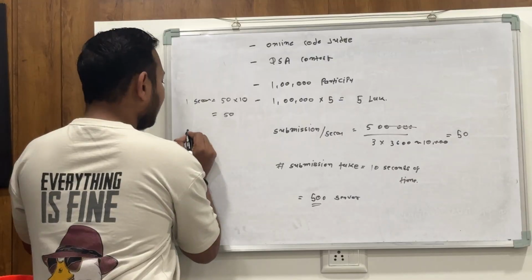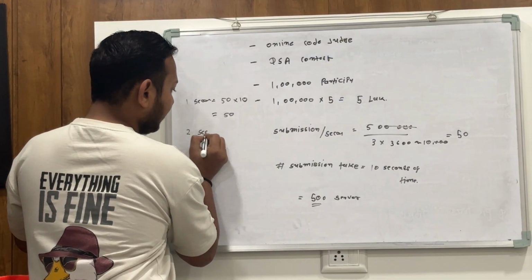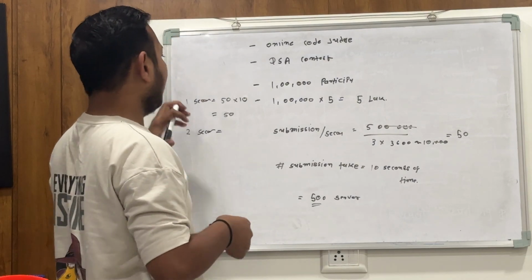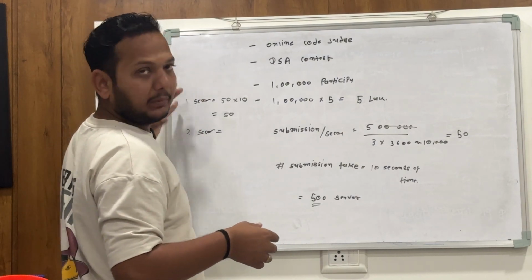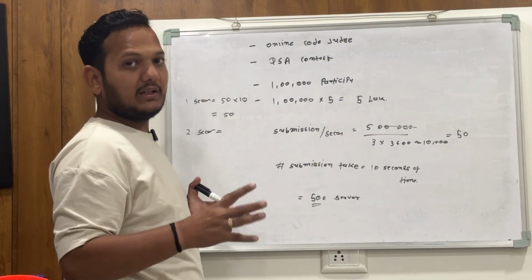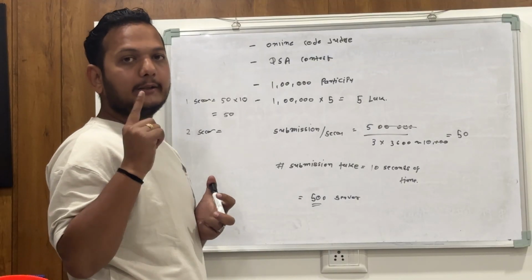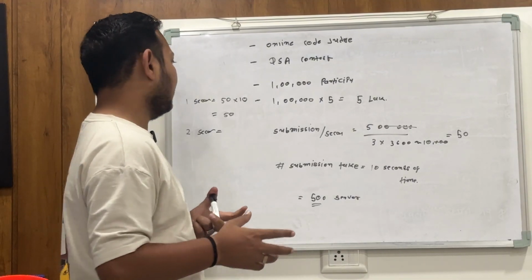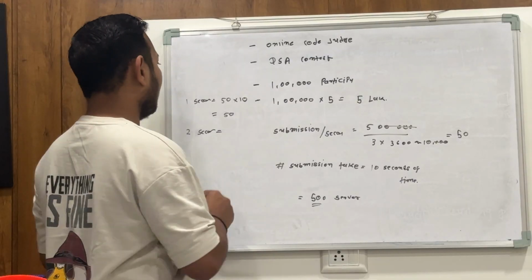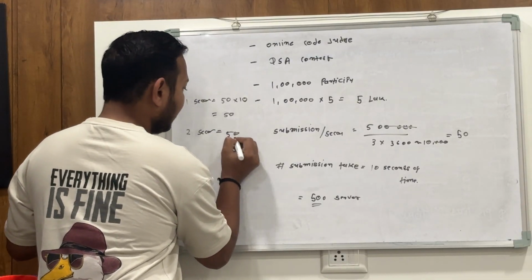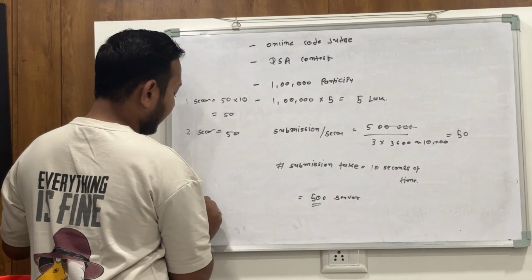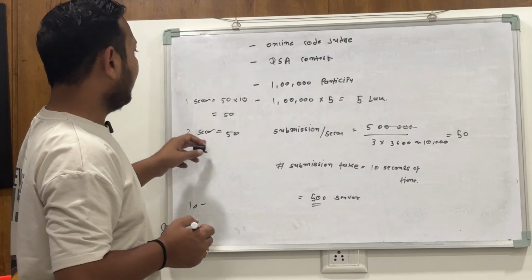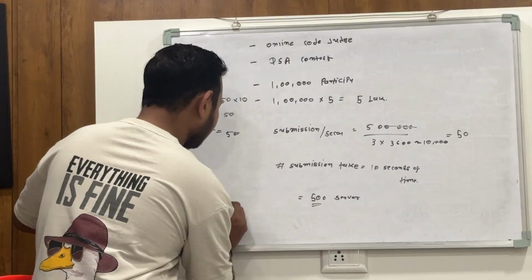Now in the second second, again 50 requests come, right? At that time, the previous 50 servers are still busy because every submission requires 10 seconds to run. So again we require 50 servers. So at the 10th second, we require 500 servers.